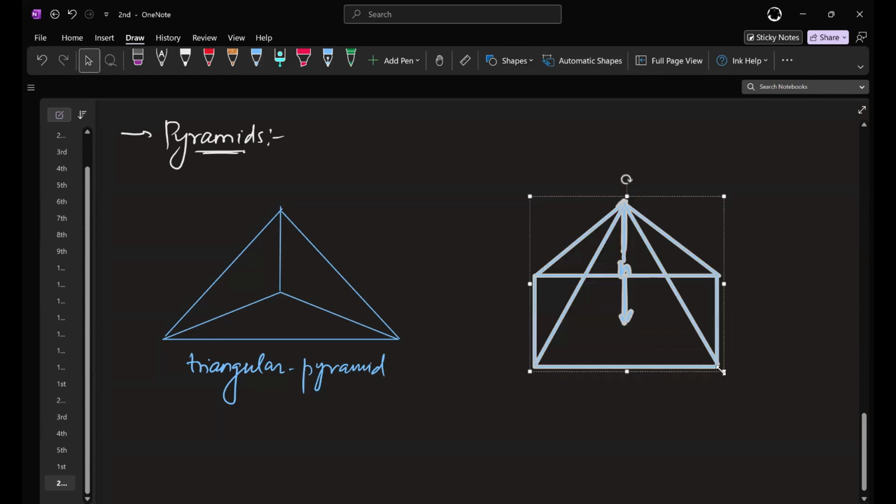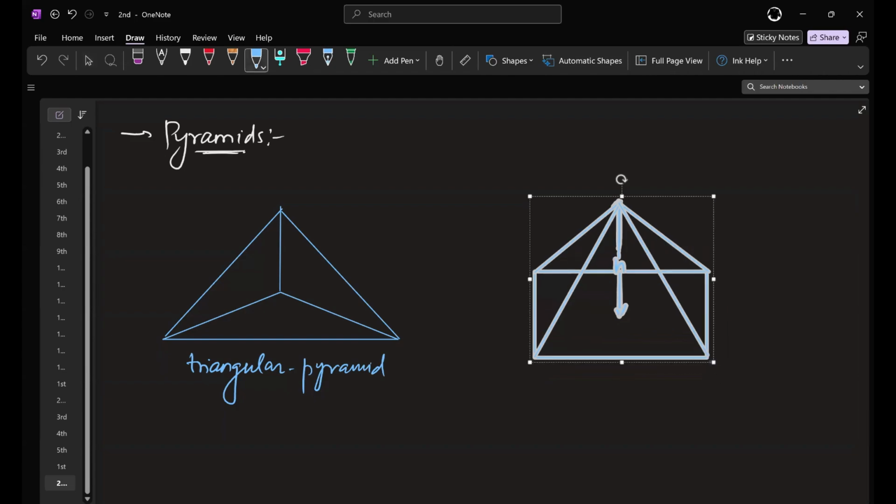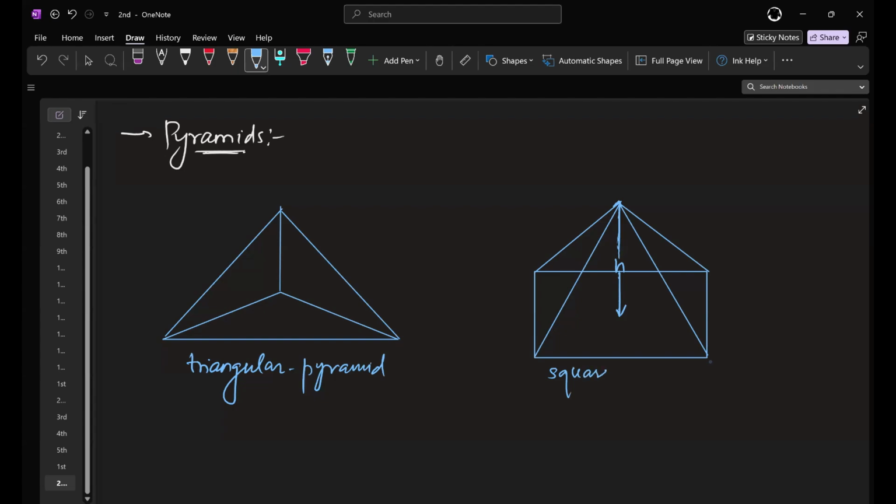Okay, very well. This is a square pyramid.